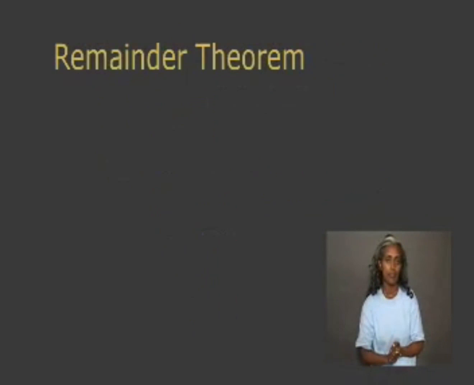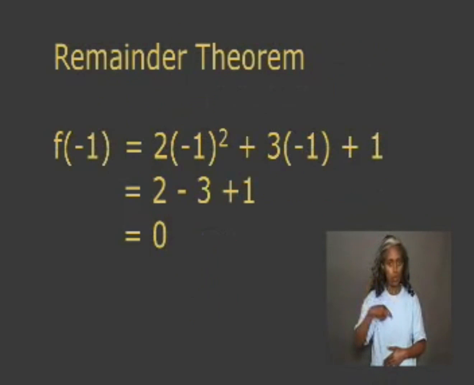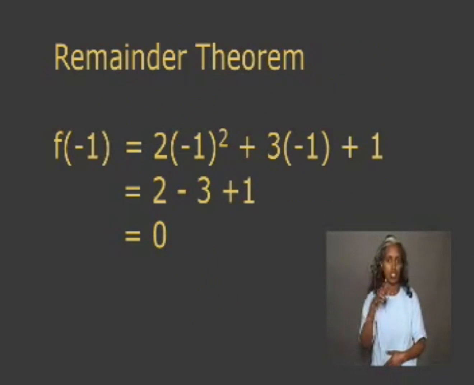Using the remainder theorem, we find the remainder to be 0, which verifies our result found by using the polynomial division theorem. Great work, everyone! You are showing an admirable grasp of both the division theorem and the remainder theorem.